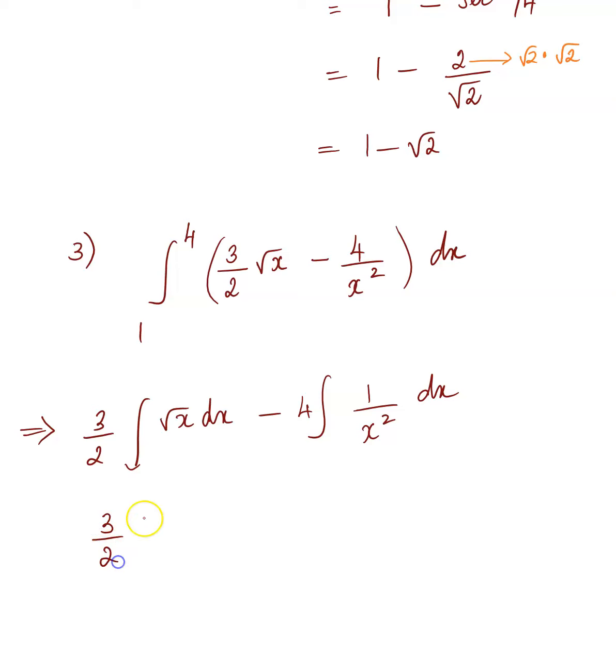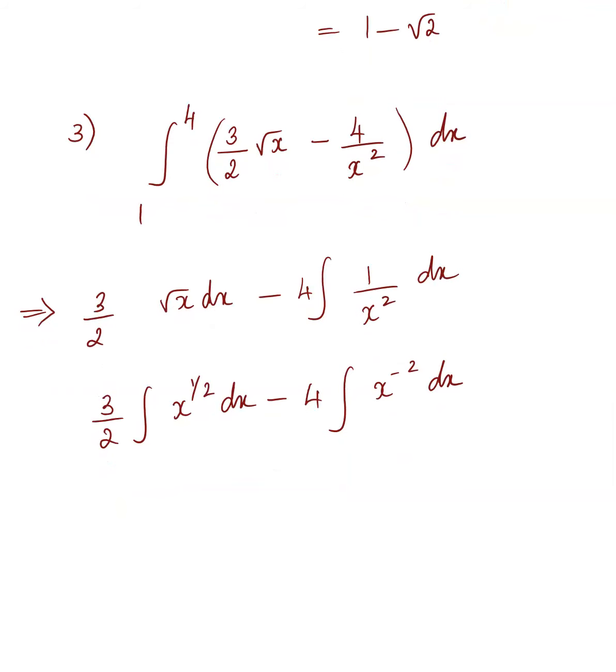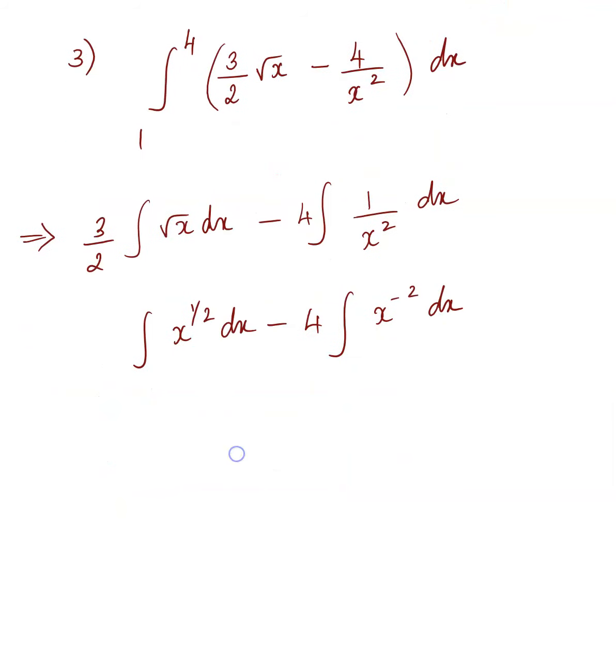To clean this up, the integral of x power half dx minus 4 times the integral of x power negative 2 dx. You know that's going to be x power half plus 1 over half plus 1, and you'll have the plus c if you recall.